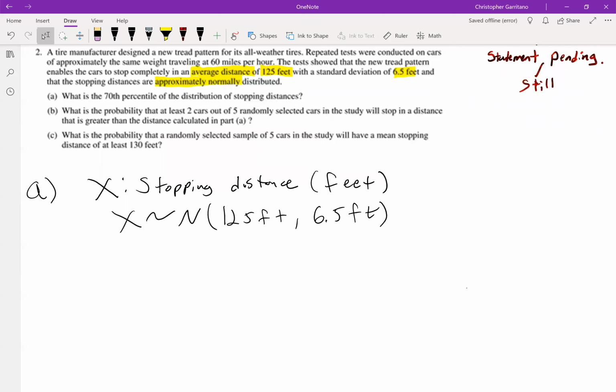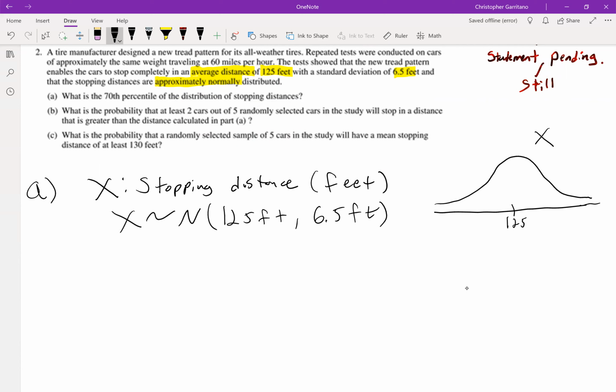Now, we're looking for the 70th percentile of this random variable. The idea is we have a distribution of the population. These are all the possible X's, so this is your distribution of X. We're told that it's approximately normal. We know that on average, the cars will stop at 125 feet.